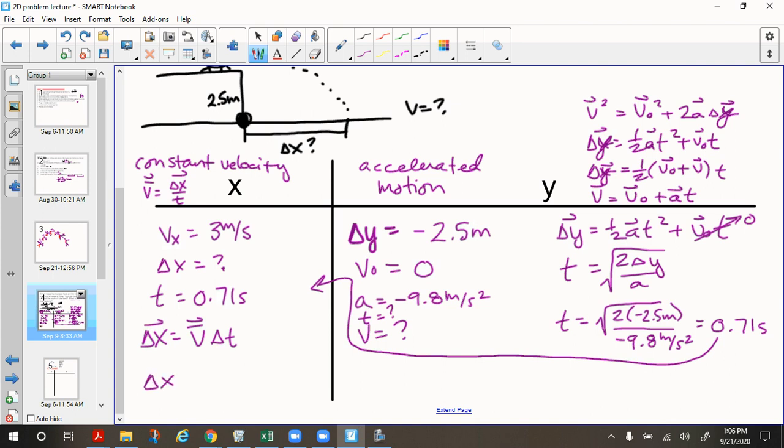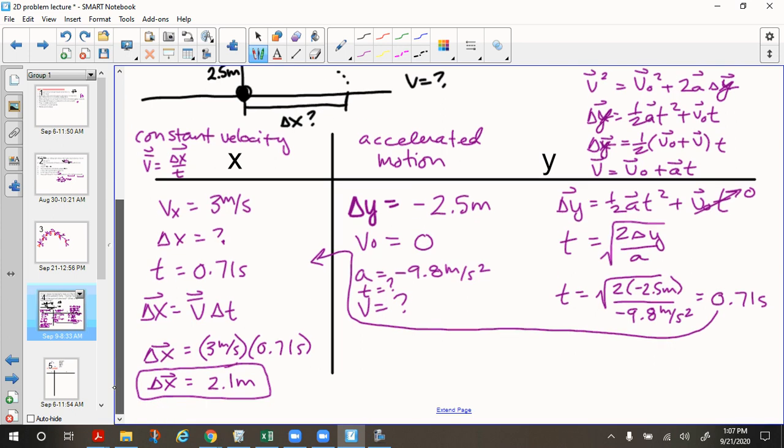So change in position is equal to 3 meters per second times 0.71 seconds. And we get 2.1 meters. All right, so there's the first part. The next part is finding the final velocity.